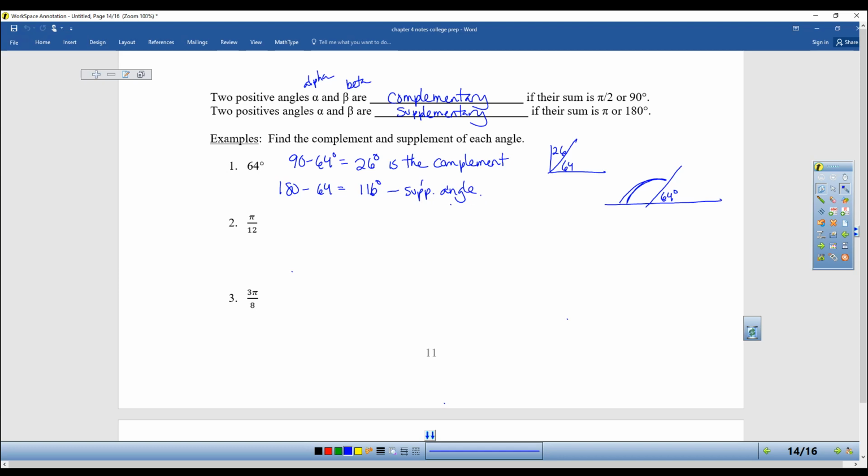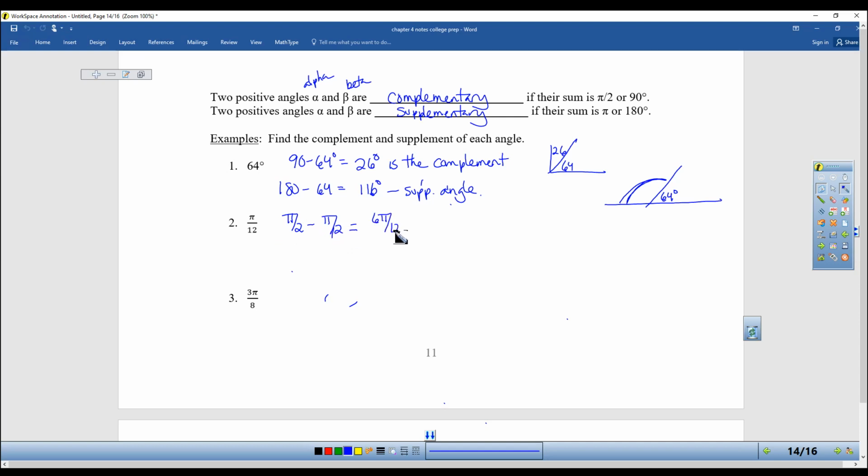So what you need to remember is when you're doing things with radian measure, the process doesn't change. The process is the same. You're just using a different value. So I still want to do 90, but I'm going to use pi halves. Pi twelfths. So pi halves minus pi twelfths, I need a common denominator.